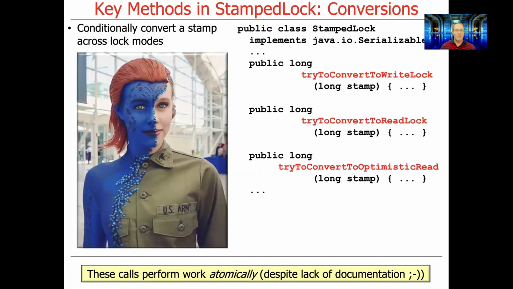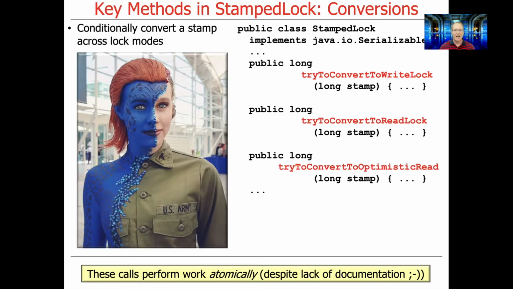Let's now talk about conversions. And conversions are these three methods that can be used to conditionally convert a stamp that was acquired with potentially one mode into other locking modes. And despite the lack of documentation, which is sad, they all work atomically. So the conversion that takes place is an atomic conversion.